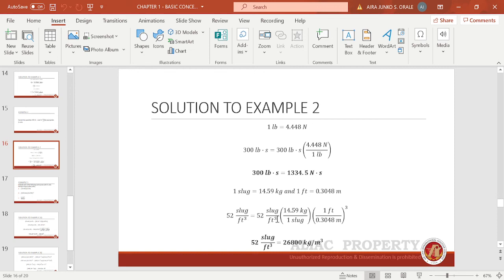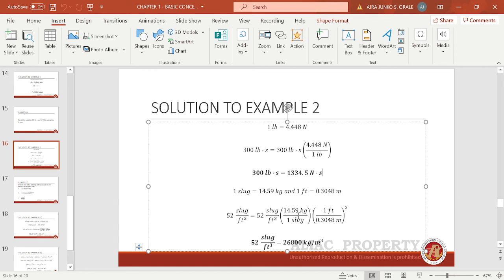Then the feet. The SI unit of length is meter, so we need to convert this feet to meter. For that also, 1 feet is equal to 0.3048 meter. This feet and this feet will be cancelled. Before cancellation, you need to make sure that it is cubic, so the whole thing is cubed.